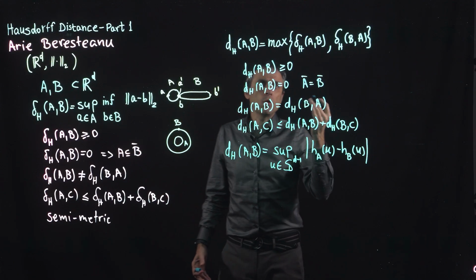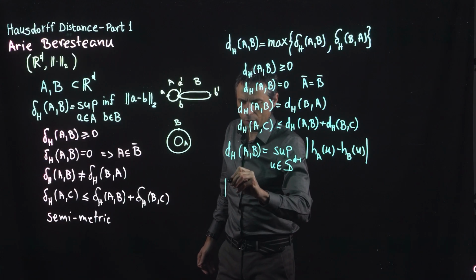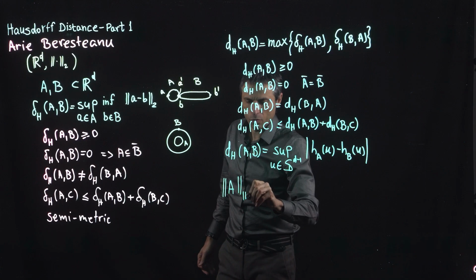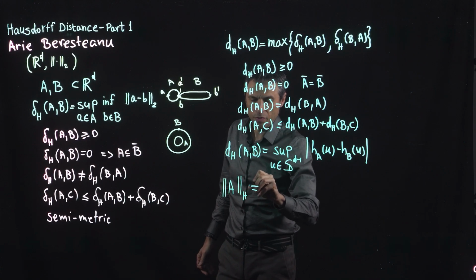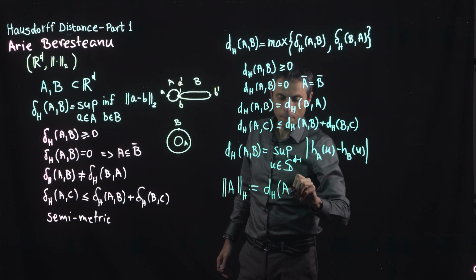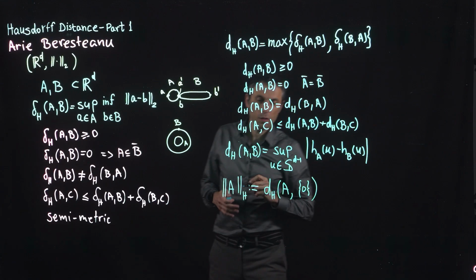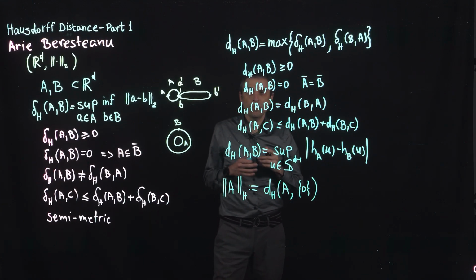Similarly, we can also define the Hausdorff norm. For a certain set A, the Hausdorff norm of that set is defined to be the Hausdorff distance between the set A and a set that includes just the origin.